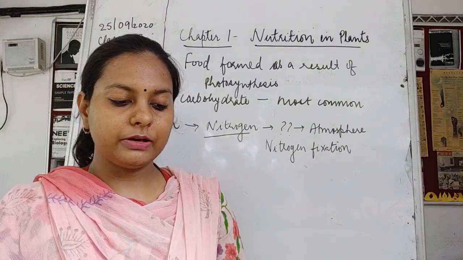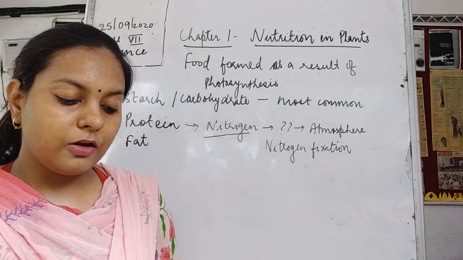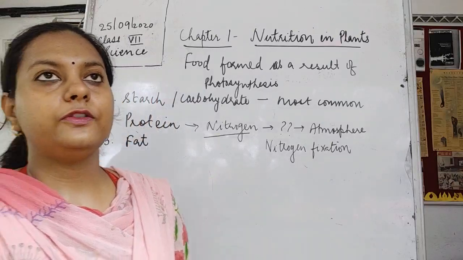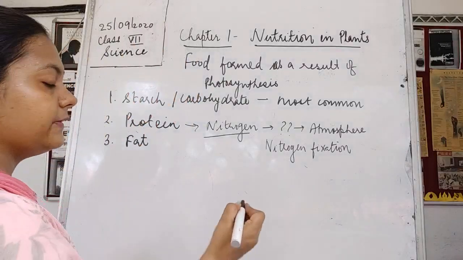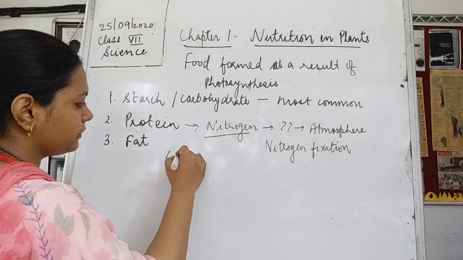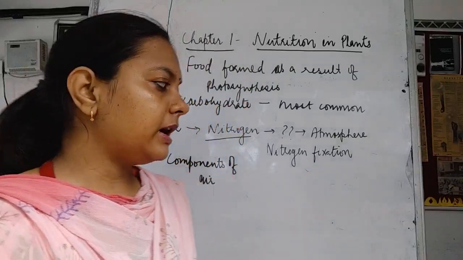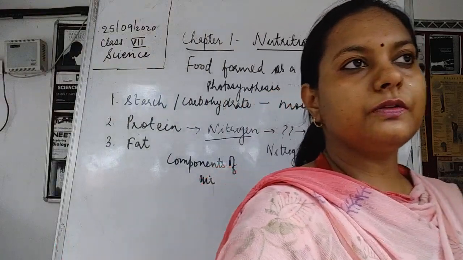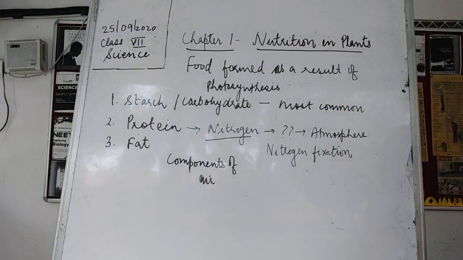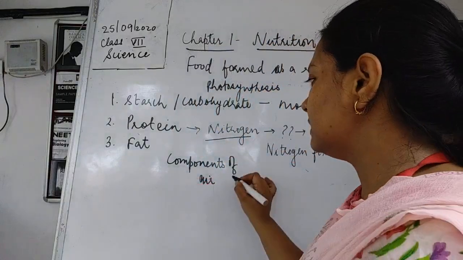Now recall that nitrogen is present in abundance in the gaseous form in the air. If you have studied in class 6, we saw the components of air. We know that air consists of nitrogen, oxygen, and many others.